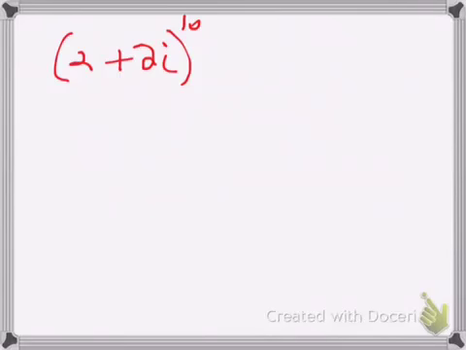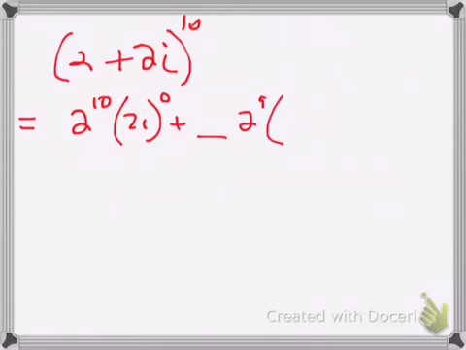And so it would be something like, don't write this because this is not the way we're doing it, but it would start out as 2 to the 10th power times 2i to the 0 power plus some multiplier from Pascal's triangle, 2 to the 9th power times 2i to the 1st power plus some other multiplier times 2 to the 8th power, 2i to the 2nd power.